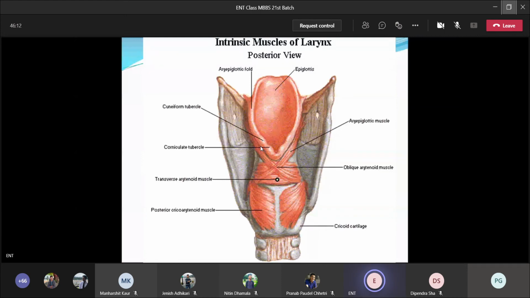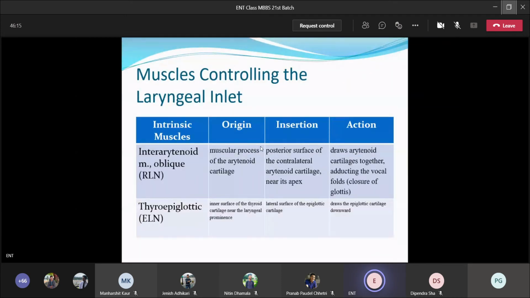Now the next slide is muscles controlling the laryngeal inlet. Oblique arytenoid: the origin is the muscular process of the arytenoid cartilage. Insertion is the posterior surface of the arytenoid cartilage near its apex, and the action of the muscle is to draw the arytenoid cartilages together and adduct the vocal folds.